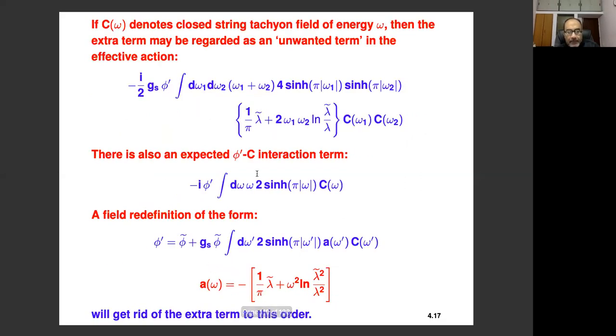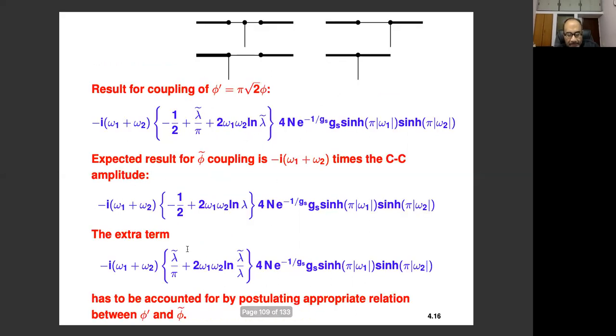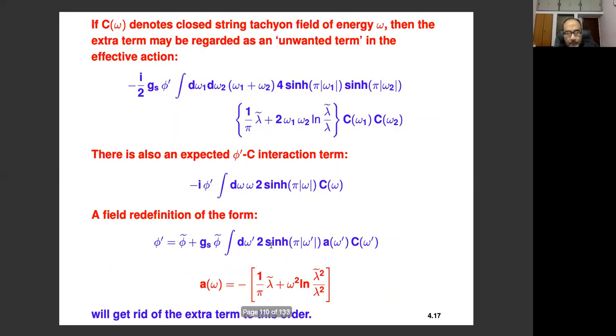So what is the unwanted term? It's here, just a rewriting of what we had. We see the 2 C and 1 O sitting here, and this is exactly the extra term expression that we had found here. So you have to somehow make a field redefinition to get rid of this.